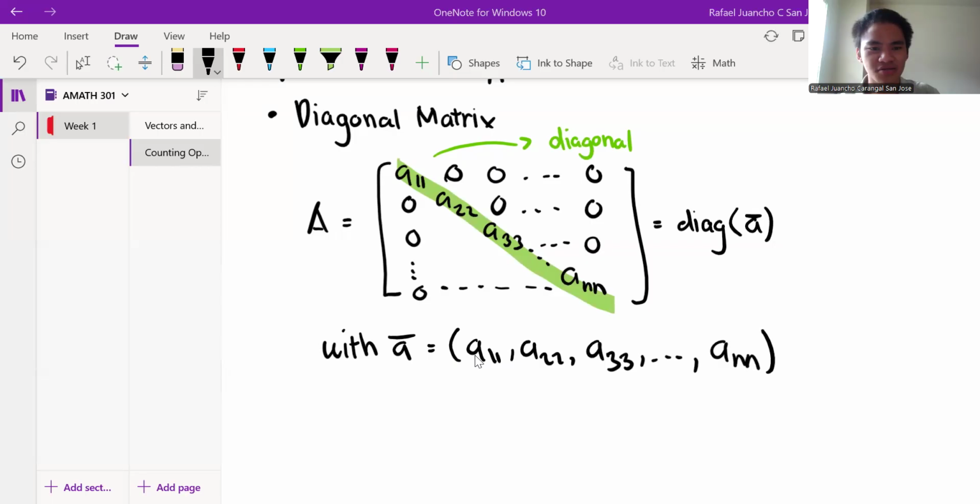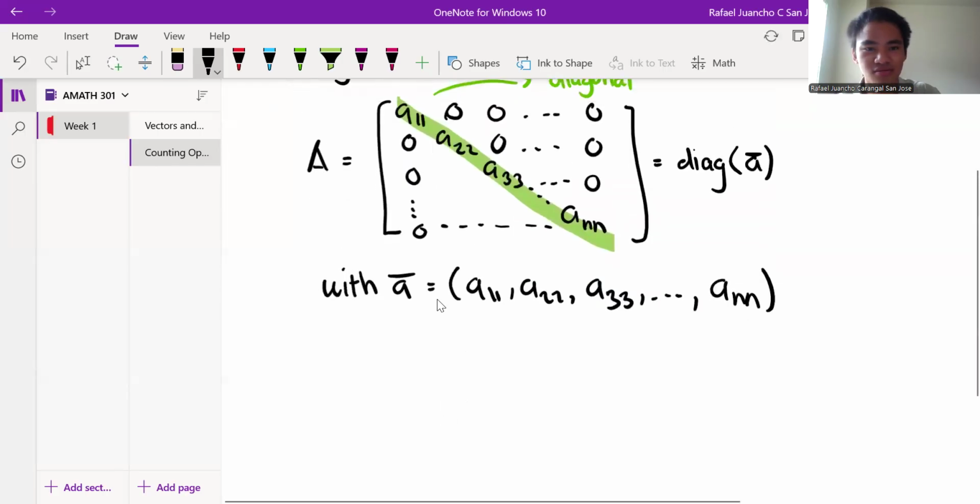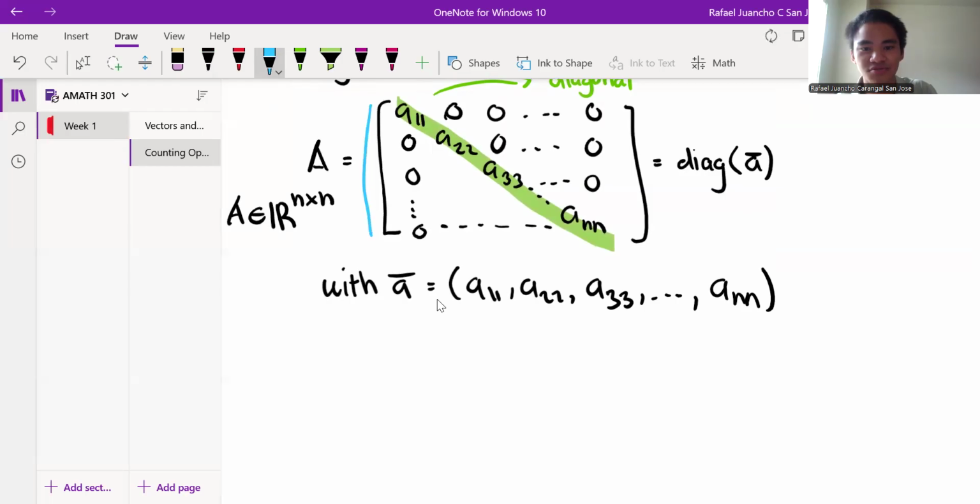And let's put some characteristics. This matrix A has n by n dimensions because it has n rows and n columns, right?